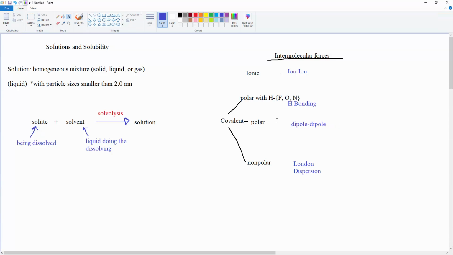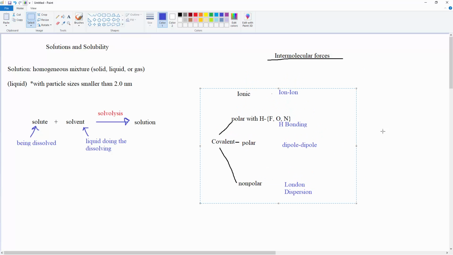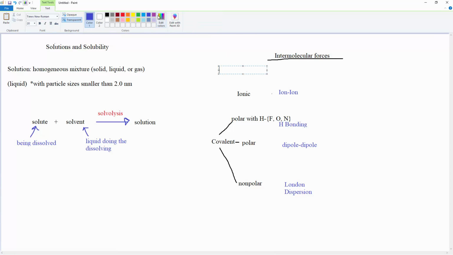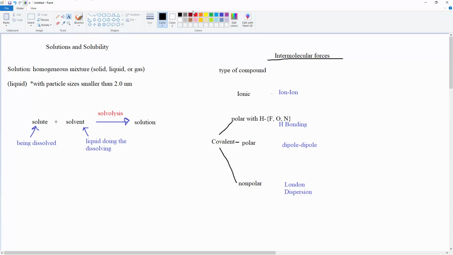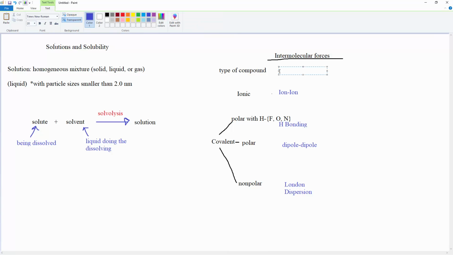All right. And then describing what's happening here helped us understand the physical properties that arose from these. So I'm making a table, but I don't have any headers here. I ought to move this down. We're going to say, all right, type of compound. And then here we've got our intermolecular forces.